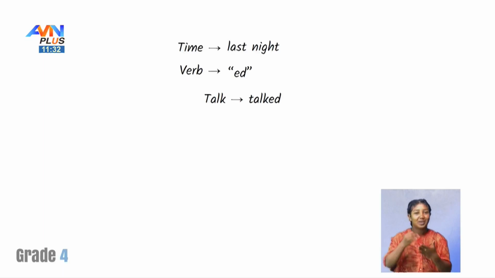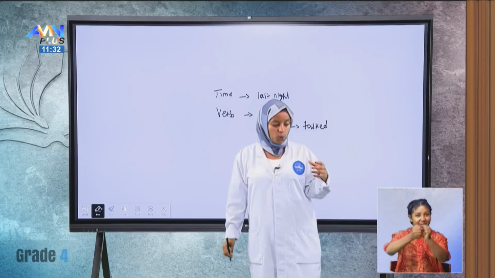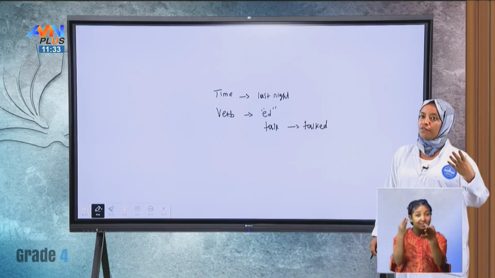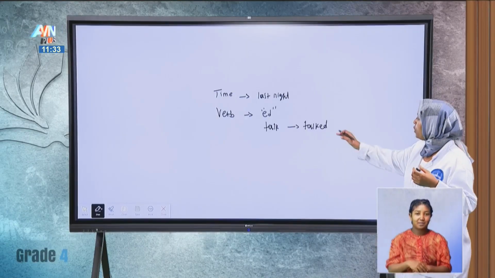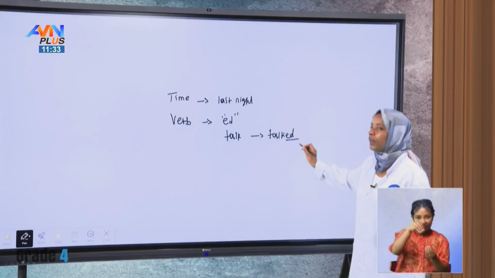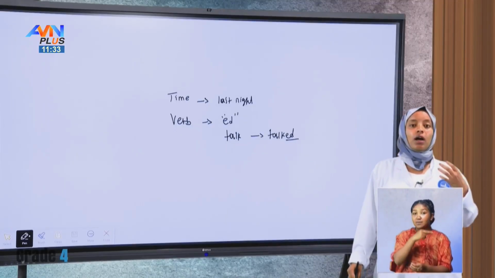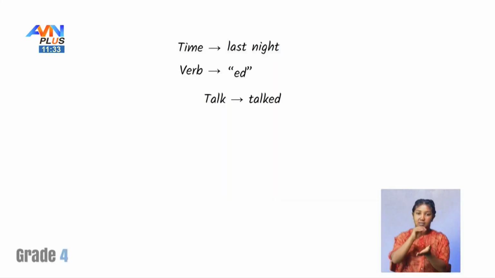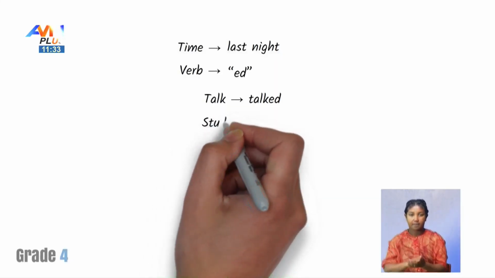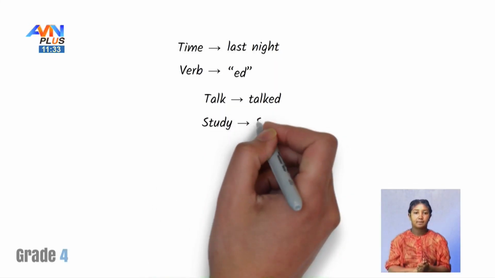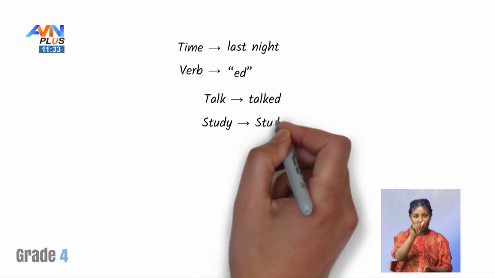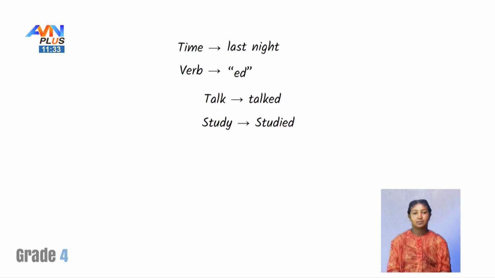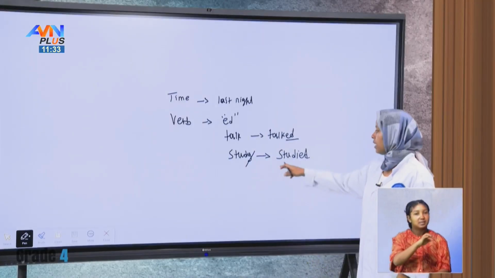Here is the method of changing the verb to V2. So talked, by adding ed. Some verbs end with y, like study. We just cancel y and add ied.